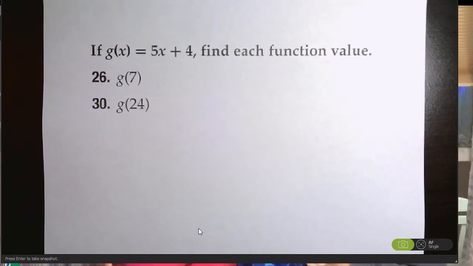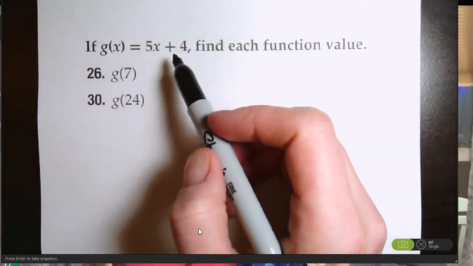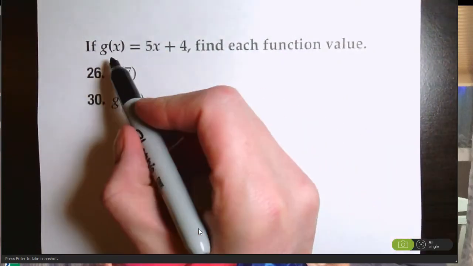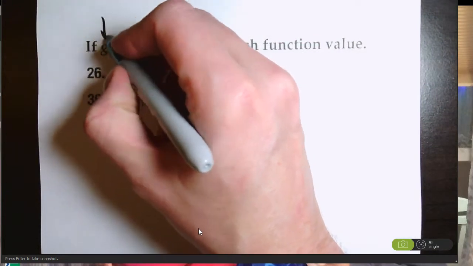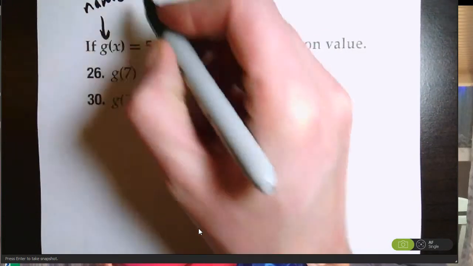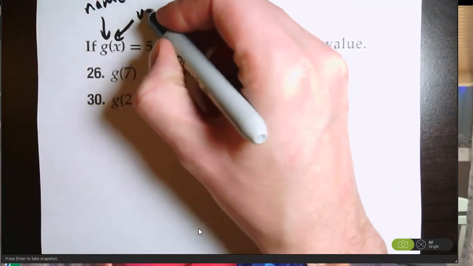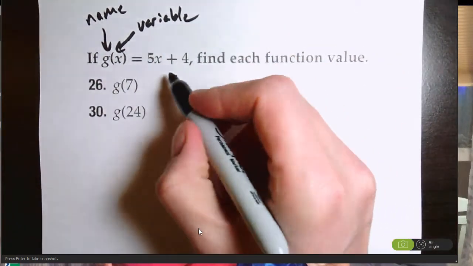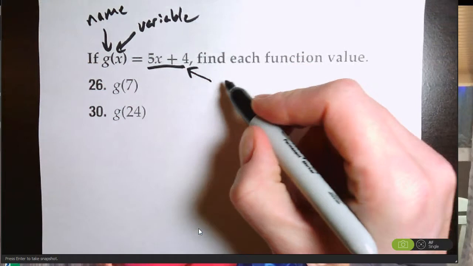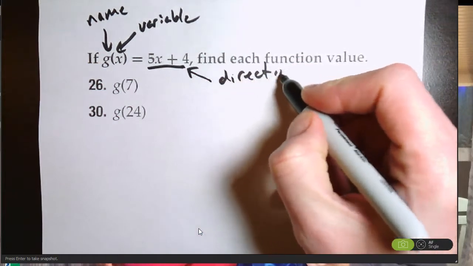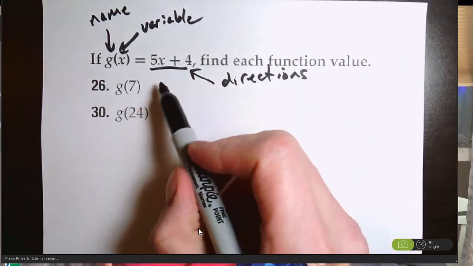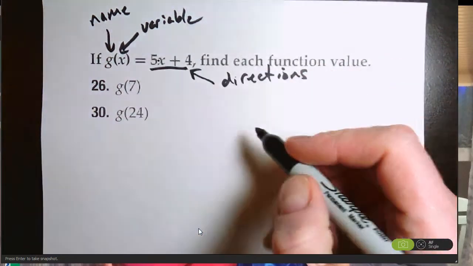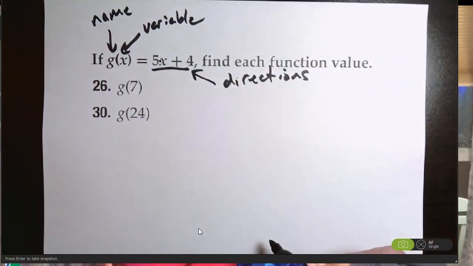The thing about function notation is it's just a set of directions. This tells you the name. This tells you the variable. And these are the directions: take x, multiply it by 5, and then add 4.